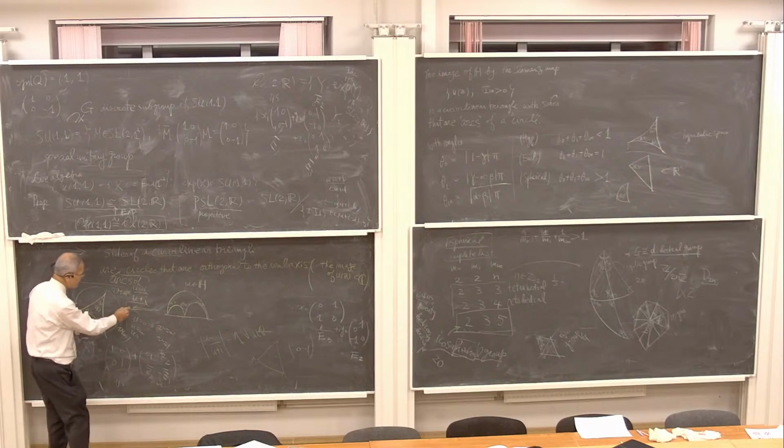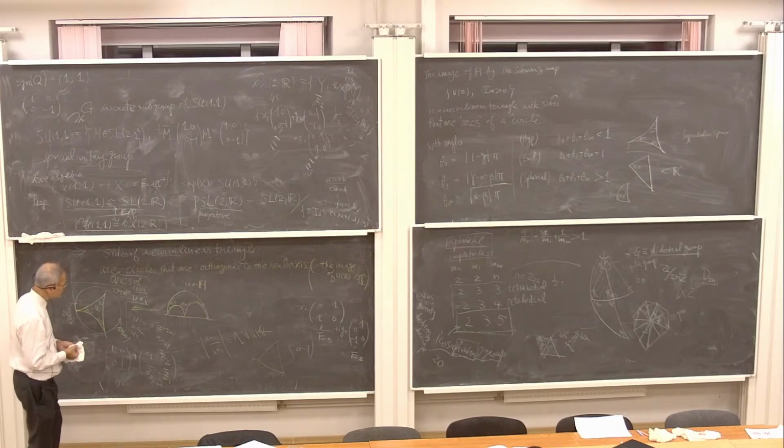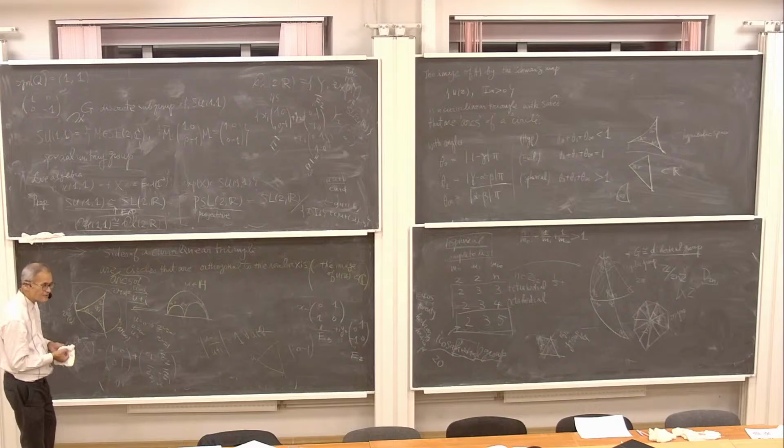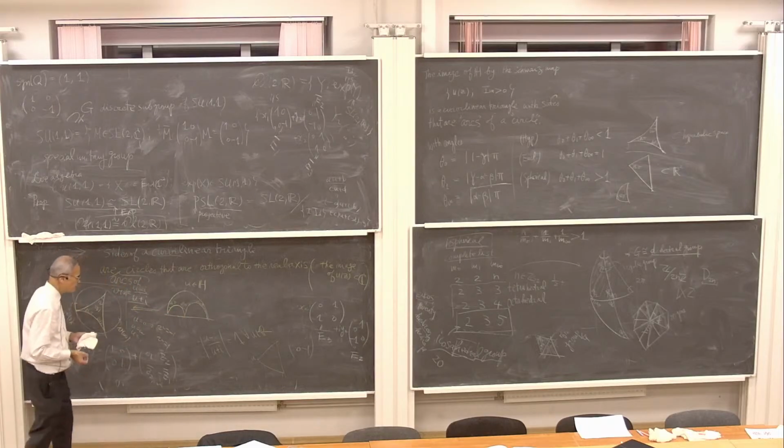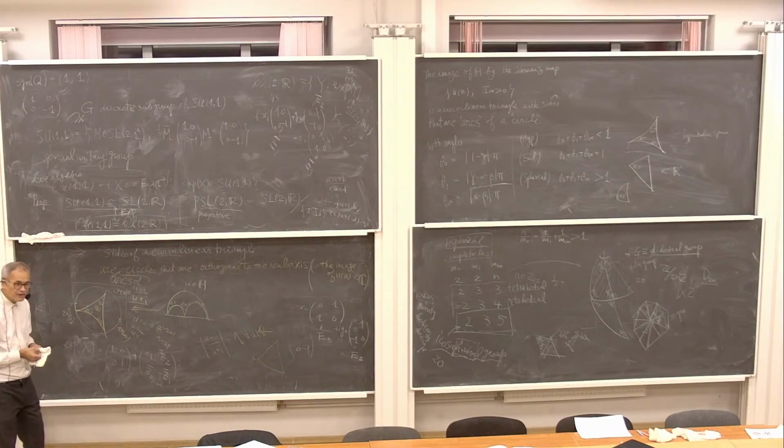And this linear transformation is invertible. So these two pictures are considered to be identical in hyperbolic geometry.